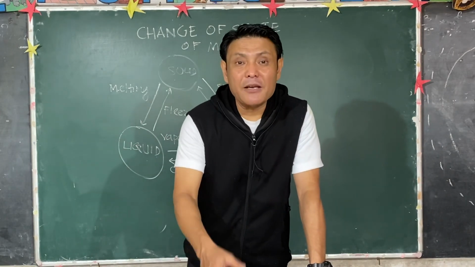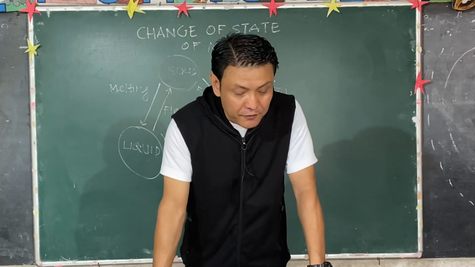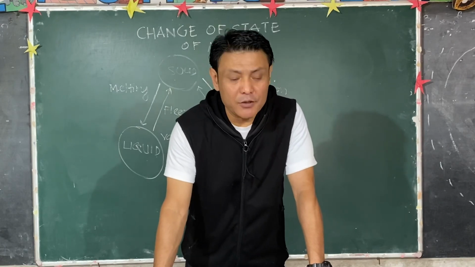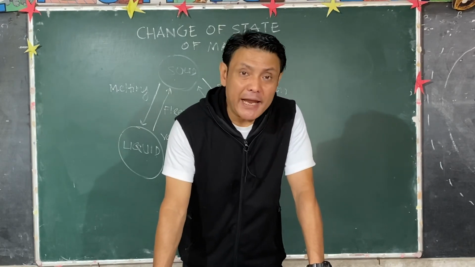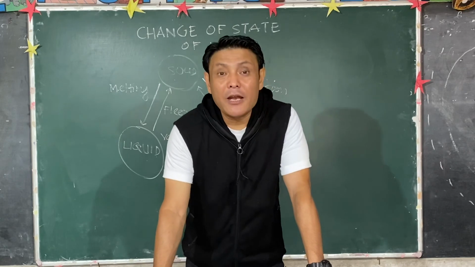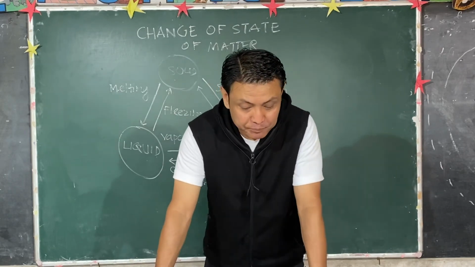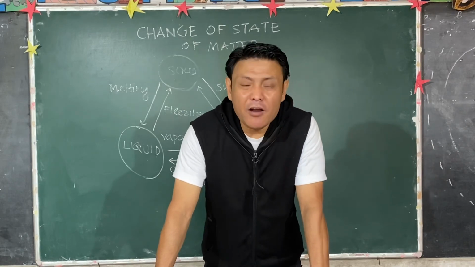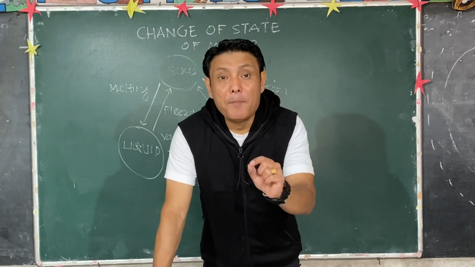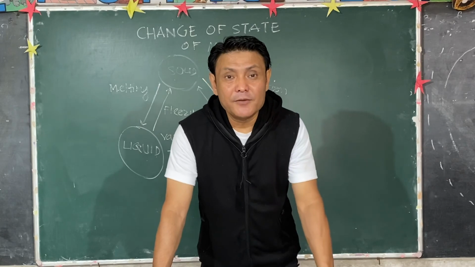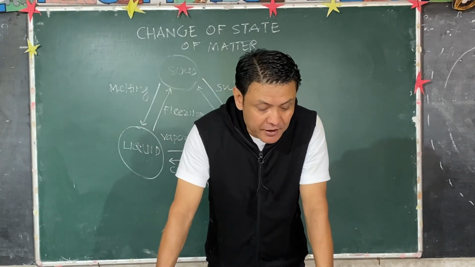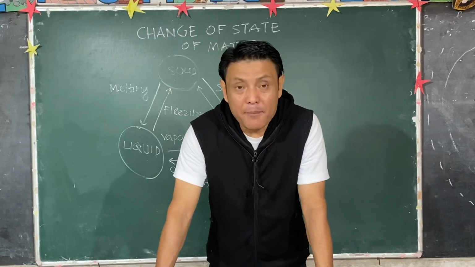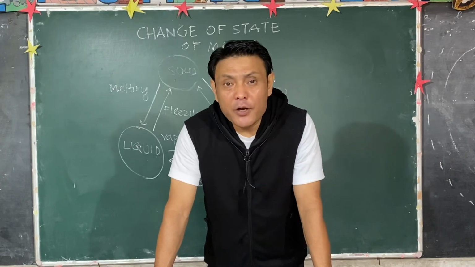So for the last time, let us talk about some more examples of chemical change, and then we end the chapter. So we end the class for today. Some of the examples are burning of anything, combustion. Burning anything is a chemical change. Burning of coal, burning of paper, burning of fuel, burning of a matchstick.